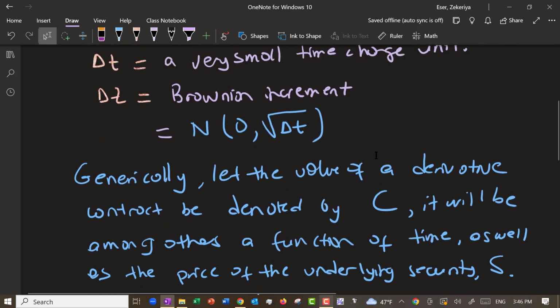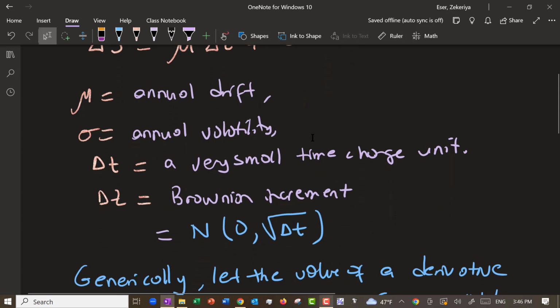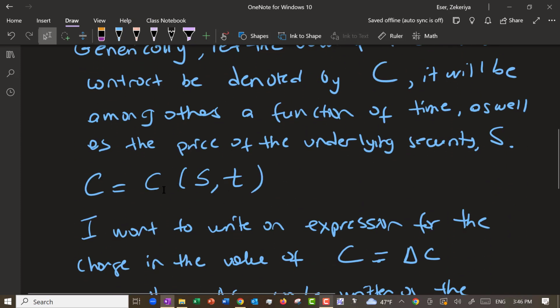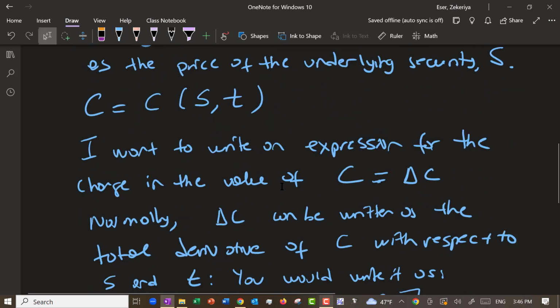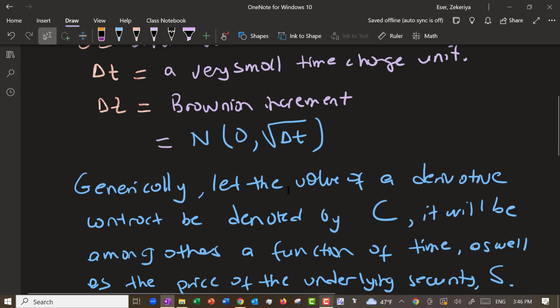But the trouble is, if you look at it, there is this random component. That means, in a sense, this function, technically speaking, is a function of stock price and the time, but the stock price itself also changes over time. Technically speaking, it's not continuous anywhere. So the standard calculus doesn't apply. But thankfully, that variation is of a bounded nature.